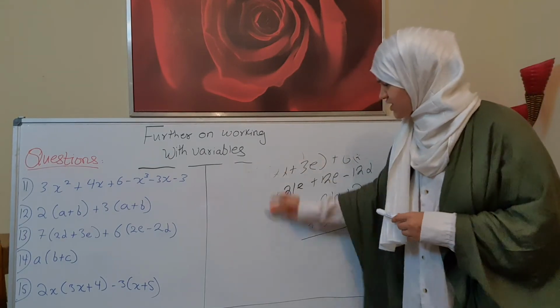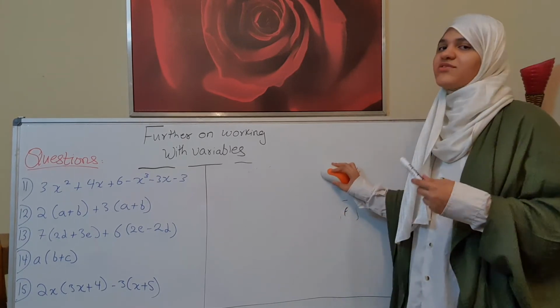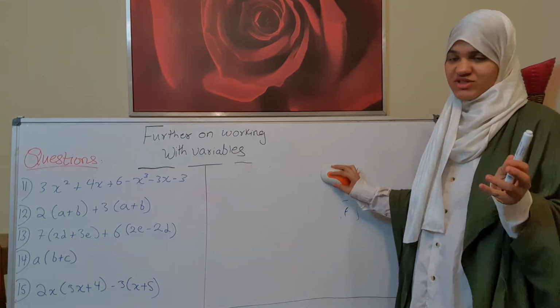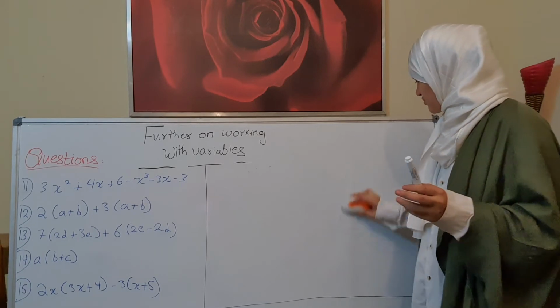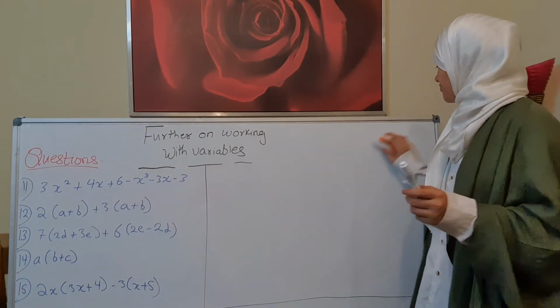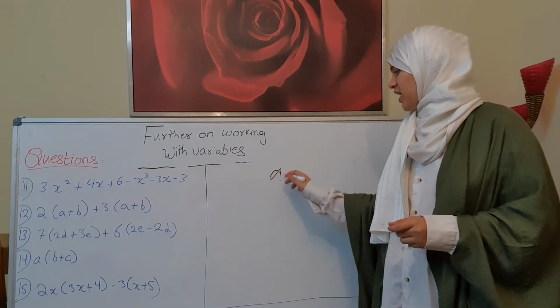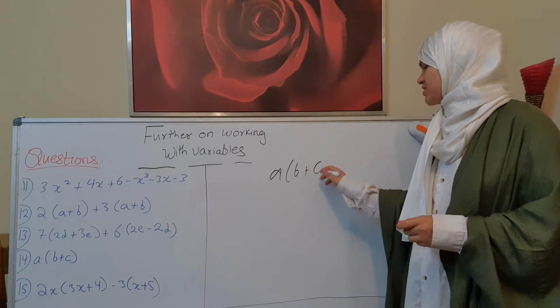Actually, question number 14 is simply easy because it doesn't have any numbers. It's only variables together. For example, here we have a outside the bracket of b plus c.